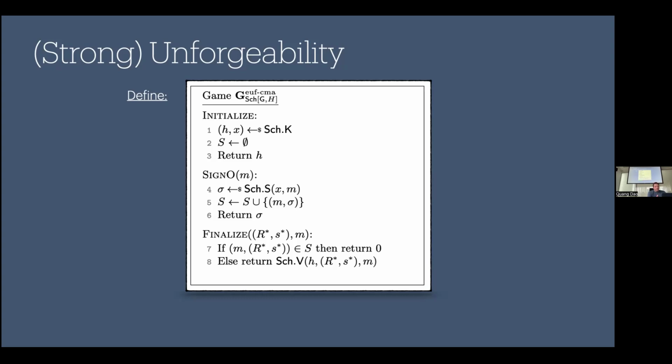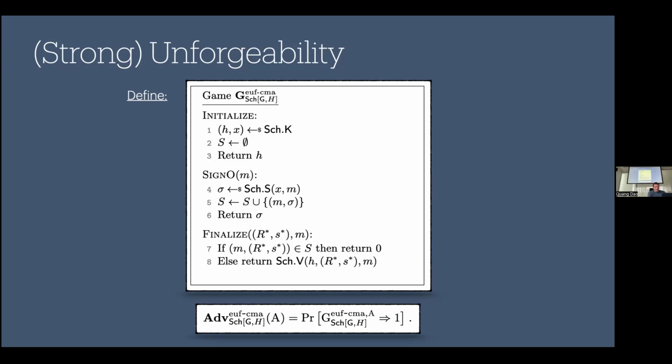If R star and S star was not received back as the answer to query M before, and the signature verifies, then it's a forgery. Again, the advantage is the probability that the adversary wins.